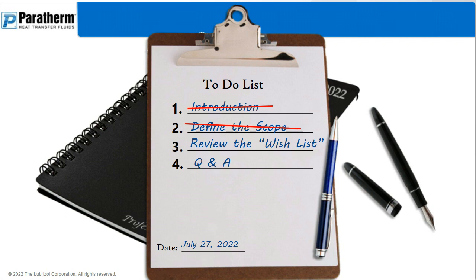This is the wish list that we would create, not to make our jobs easier or anything like that, but for our users to have a better experience, to prevent downtime, to have a safer operation, and to get the longest possible life out of the fluid and the equipment. So this is a summarized list, and let's get into what we mean by that right now.